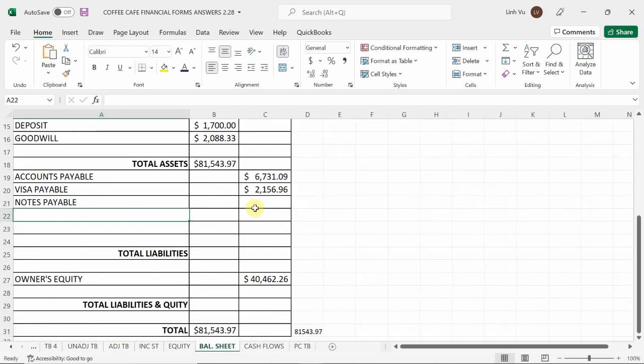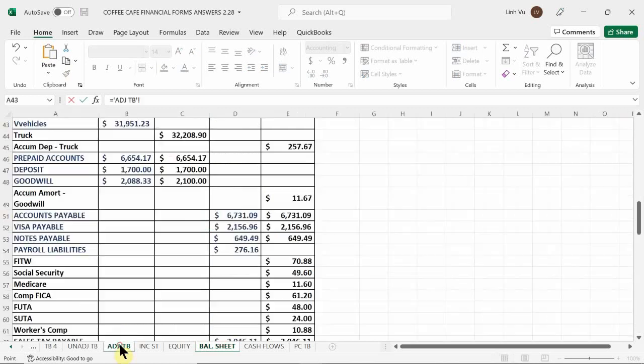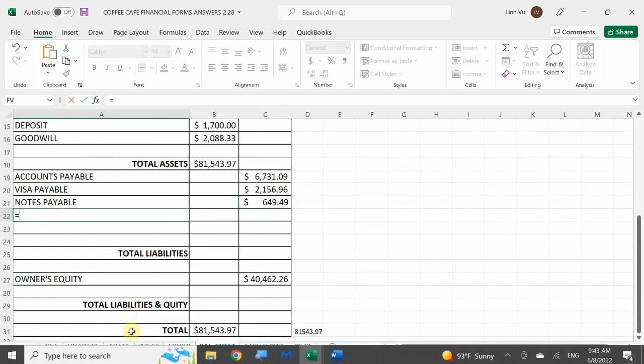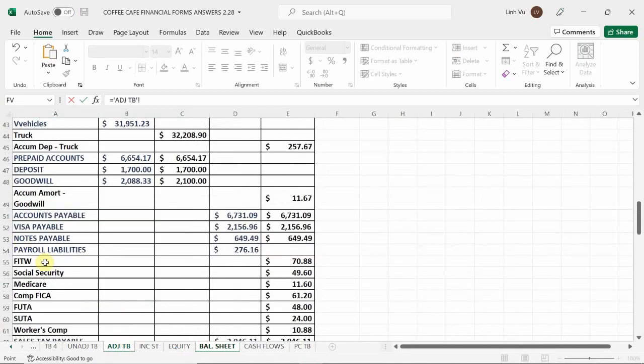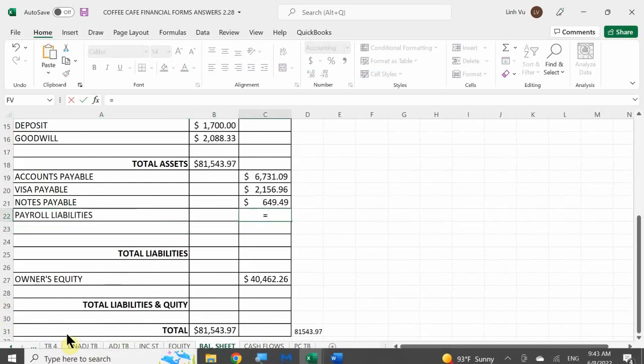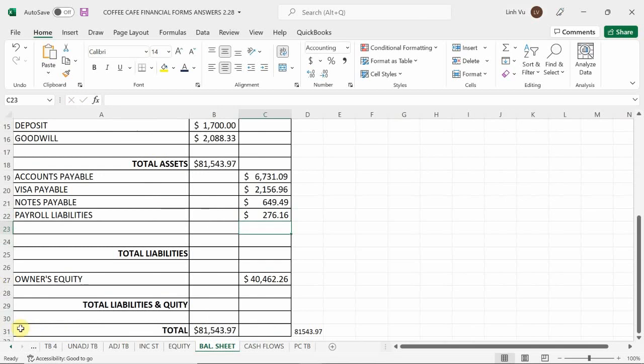Outstanding at $649.49. I have total payroll liabilities. If you remember, we collected the money but never paid the government. I have a grand total of $276.16 worth.